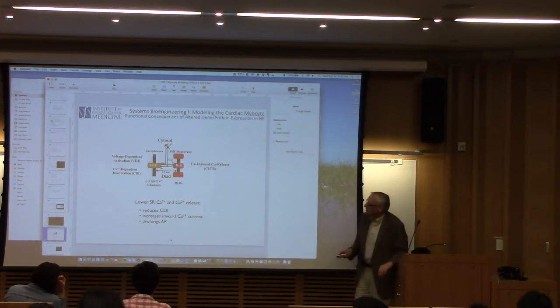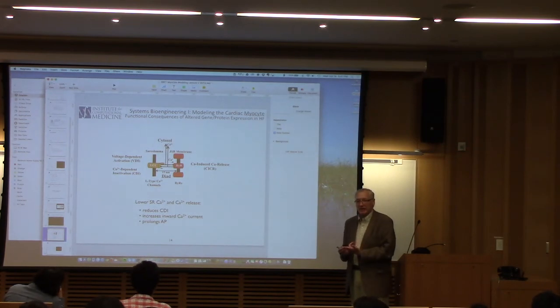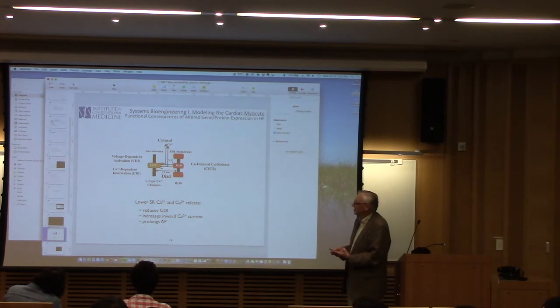Okay, so let me walk you through this. So L-type calcium channels have the property that not only do they undergo voltage-dependent inactivation, like sodium channels, they also undergo what is known as calcium-dependent inactivation. We refer to that as CDI.